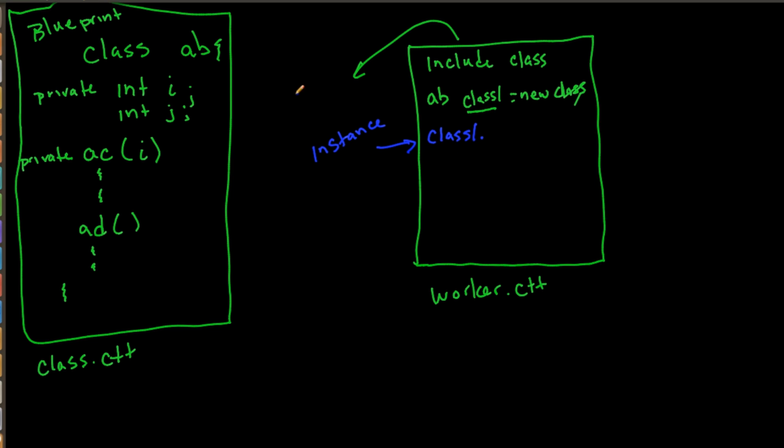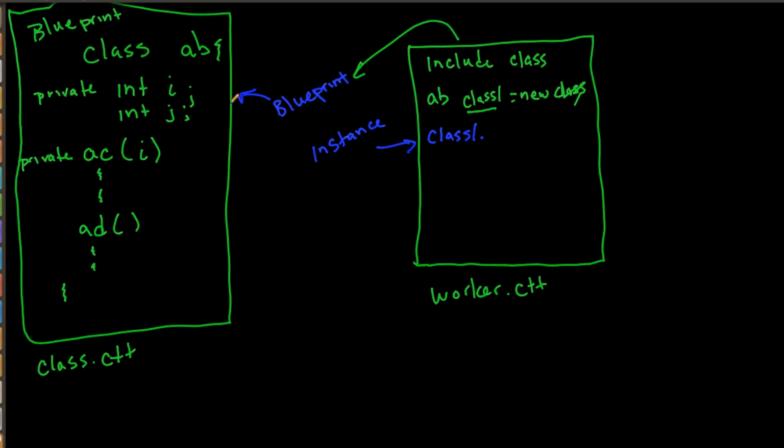This is the instance, and this is, again, our blueprint. And I can't drive this home enough because this is something that people have a really hard time getting in their head. This is the instance of our class.